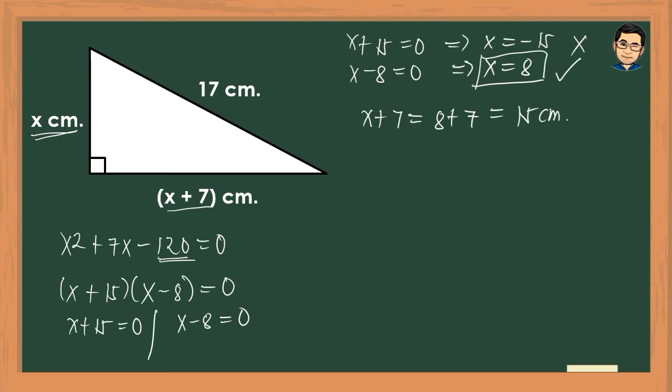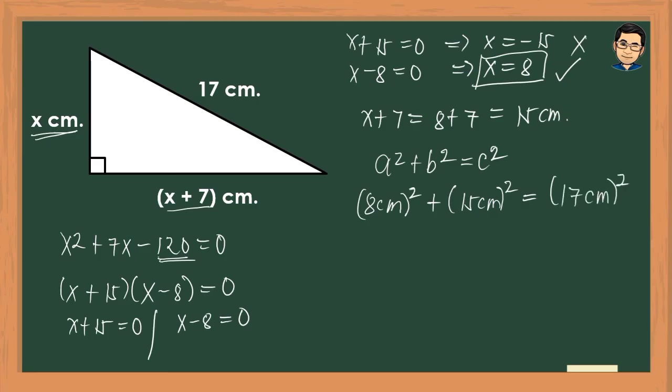So, check natin using Pythagorean theorem. Kung tama nga ba. So, a squared. So, yung 8 muna. Yung b naman, yung 15. And then yung c, yung hypotenuse.